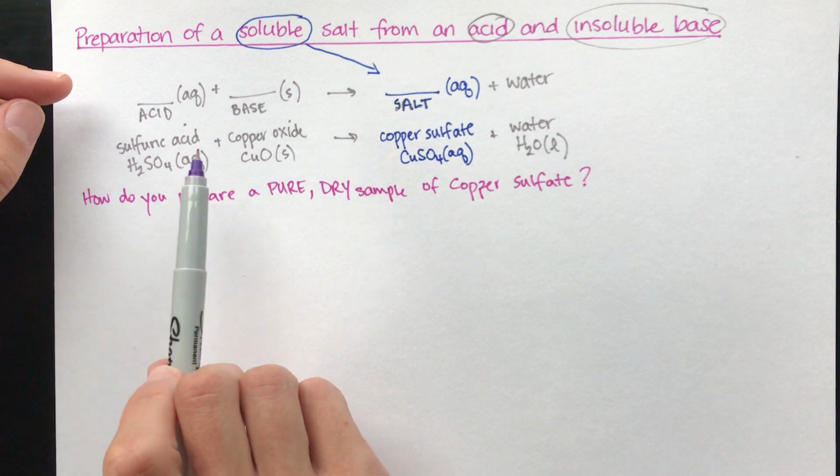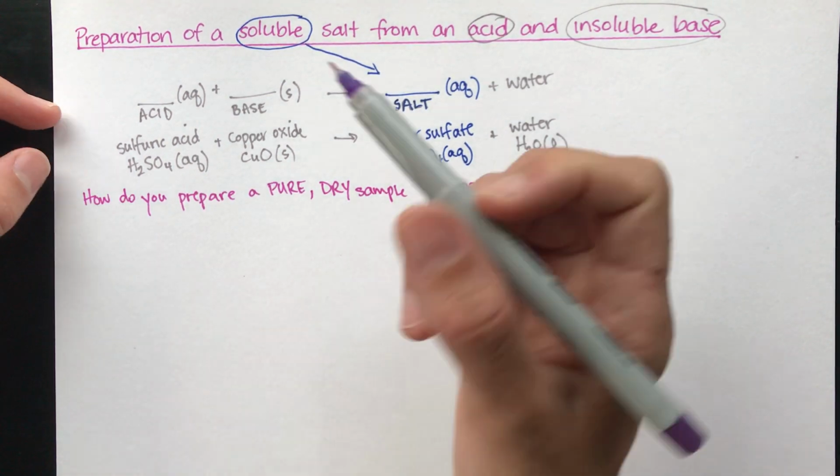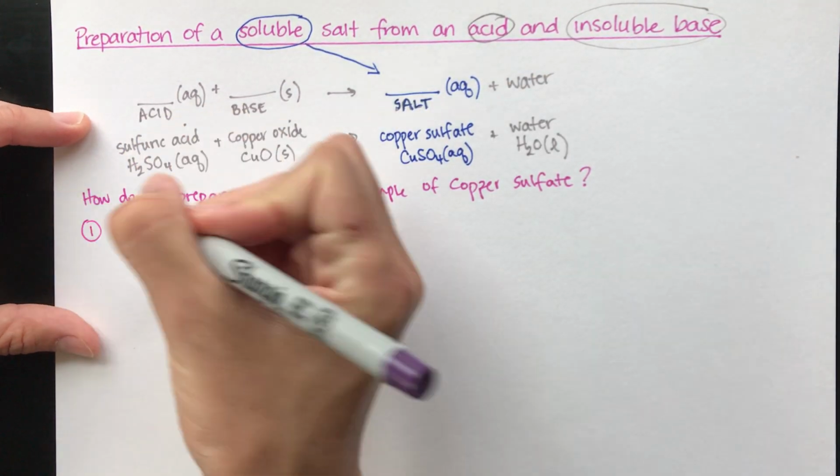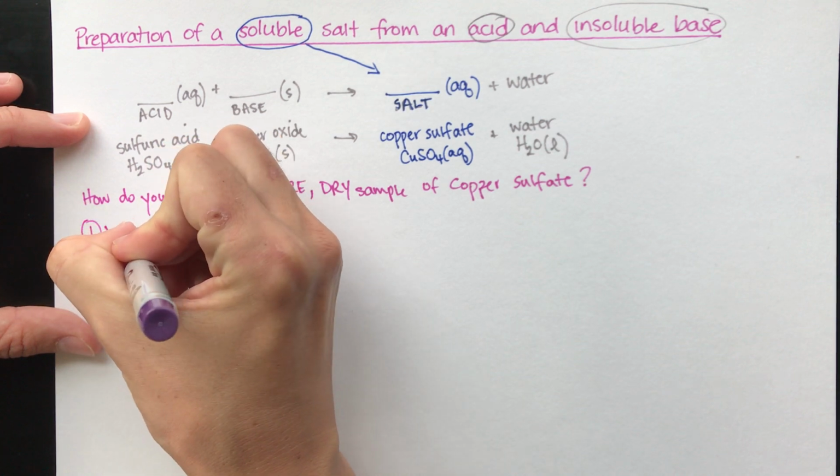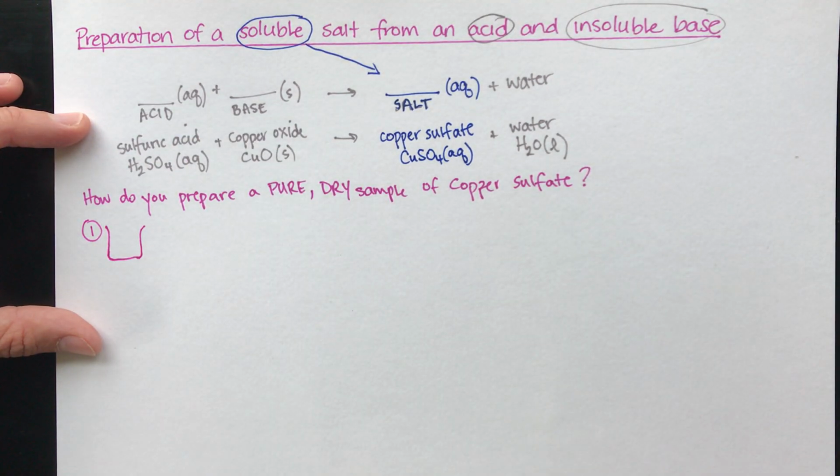Now often because you're reacting a solid with a solution, the first step in many of these experiments is heating up the acid. You wouldn't want to use a Bunsen burner for this because you don't want to release acidic gases into the air. But you could use a hot plate, or even in class we would use a hot water bath and put a test tube of sulfuric acid in that.